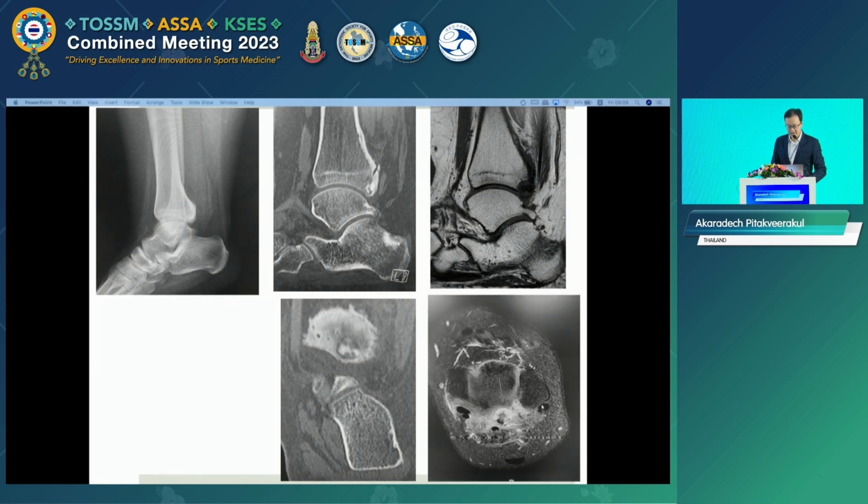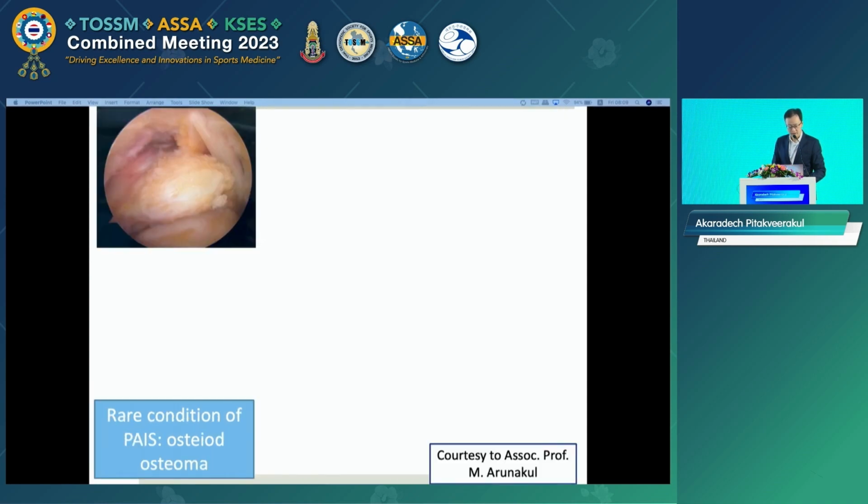MRI is sensitive but non-specific, and often the nidus can be identified; in this case it shows the nidus is around here, with hyperemia and bone marrow edema around here. So this rare condition is osteoma of the posterior malleolus.